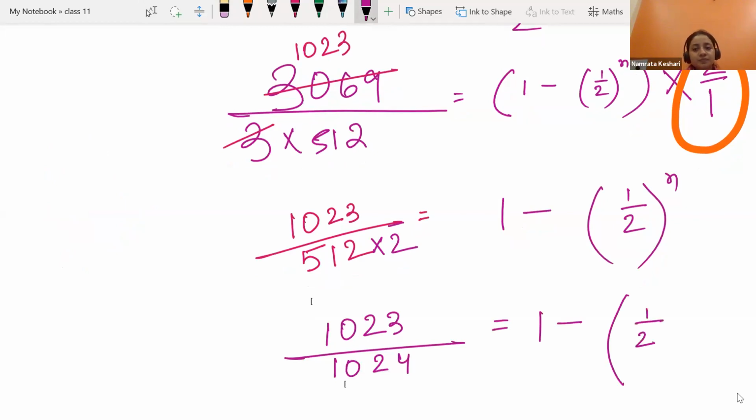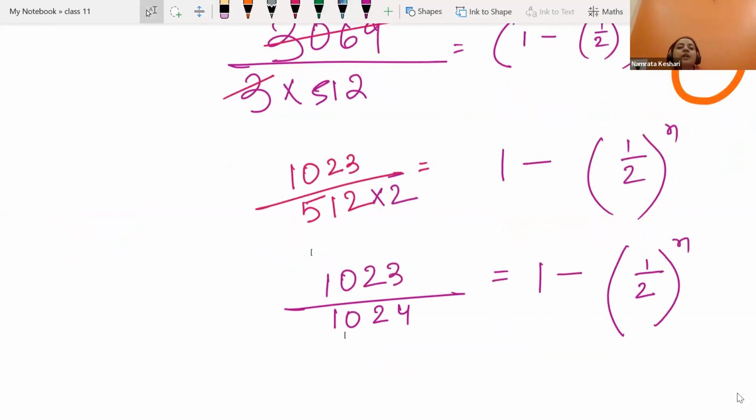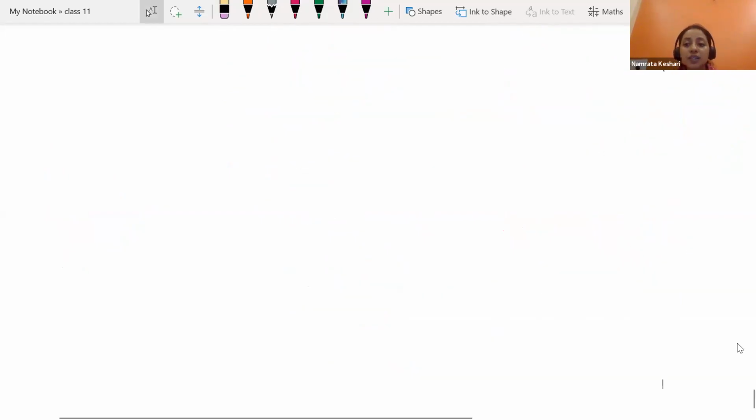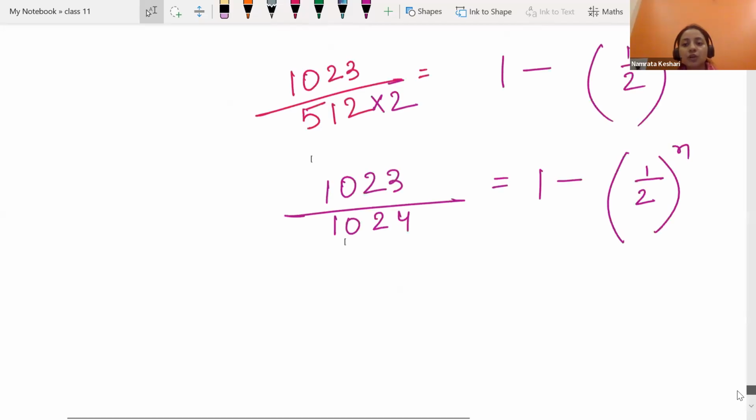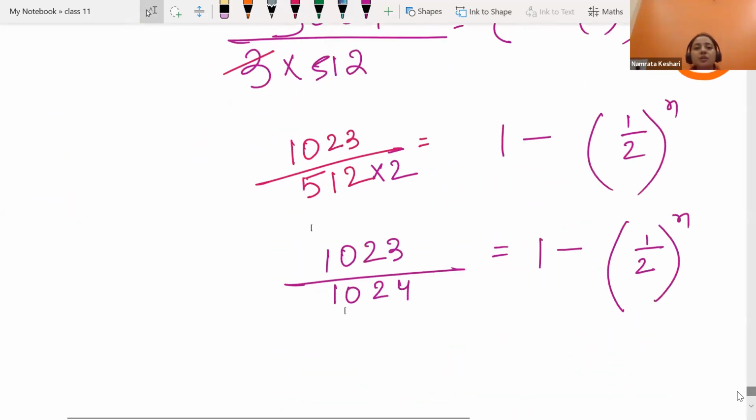No, ma'am. Let's do the simplification. We want to keep just 1 by 2 to the power n on one side of equal to, so that we can try comparing power with power. So we will do the subtraction.